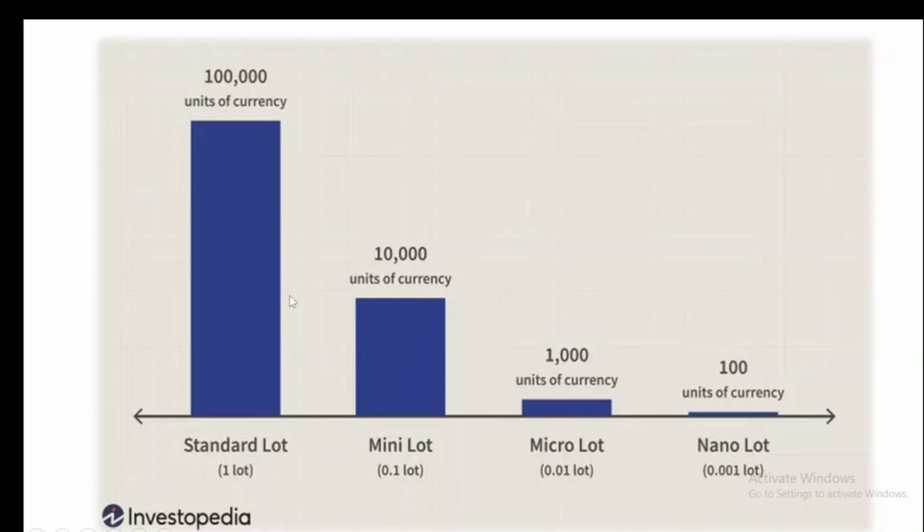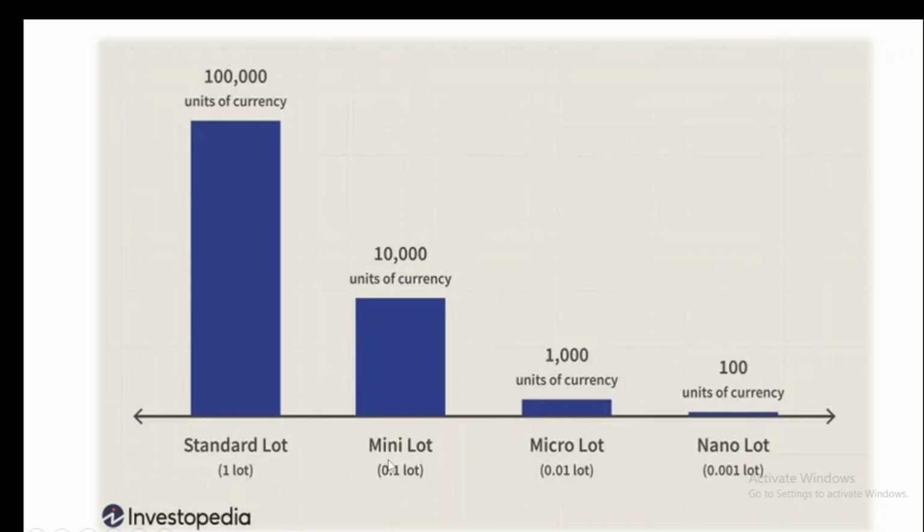Then we have the mini lot. Let's say you're trading Euro USD, buying or selling, a mini lot will be 10,000 units of that currency. That means you'll be buying 10,000 euros, and it's normally indicated as 0.1.